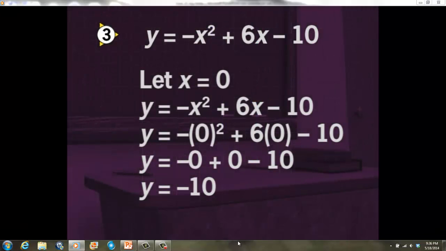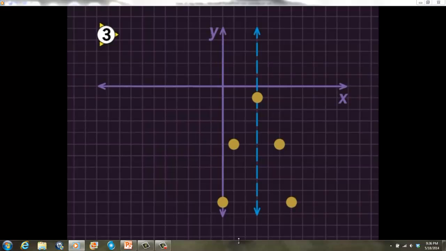When x is equal to 0, y is equal to the opposite of 0 squared plus 6 times 0 minus 10, or -10. So (0, -10) is a point on the parabola. By symmetry, (6, -10) is also a point on the parabola.